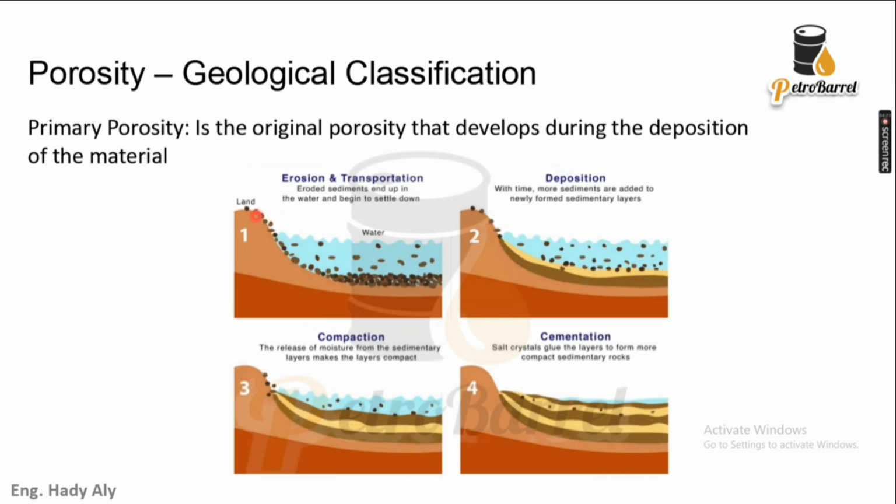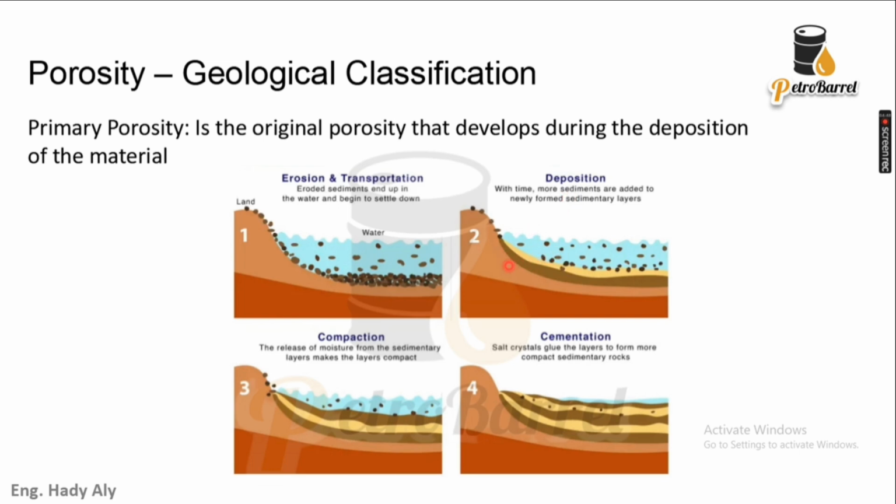For example, if I have sediments located on the land, due to the wind and the movement, erosion and transportation, we have a lot of sediments located at the bottom of the water.